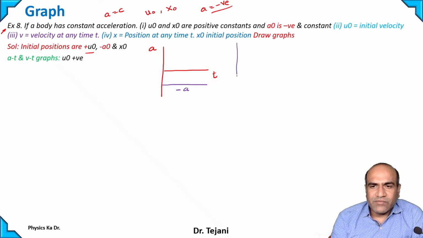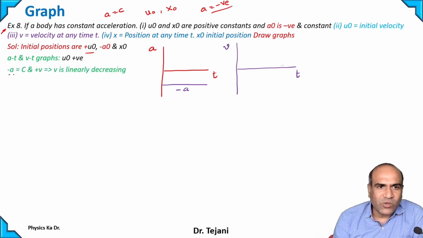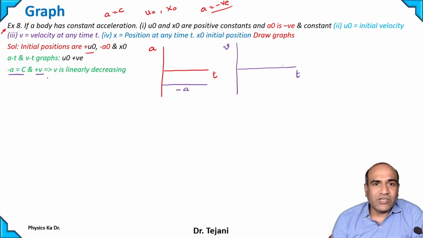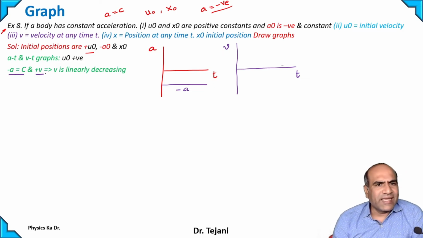Now next, if we draw the velocity versus time graph: acceleration is constant and initial velocity is positive. So what does it give? If any one sign is negative, that means velocity linearly decreases.